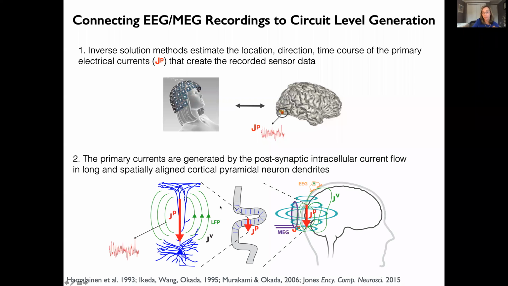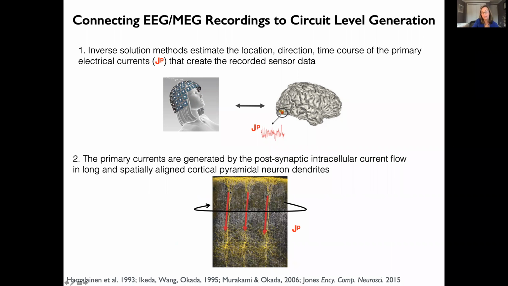These primary currents are generated by the postsynaptic intracellular current flow in the long and spatially aligned cortical pyramidal neurons. Essentially, the alignment and orientation of these neurons within the cortex creates this massive electrical current that produces a magnetic and electrical field that we can record outside of the head.